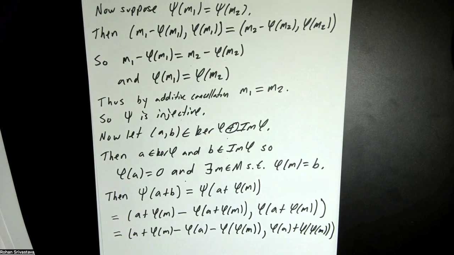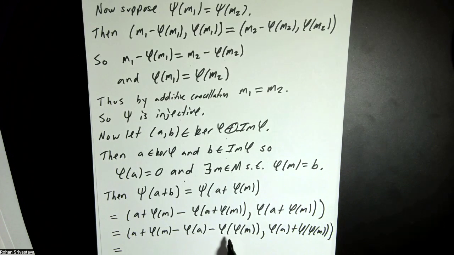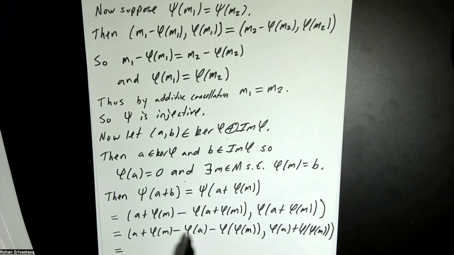Yes. Okay. And now, remember, phi of A is 0, and phi squared is phi. So phi of M is just phi of M. So what happens here? This is 0.